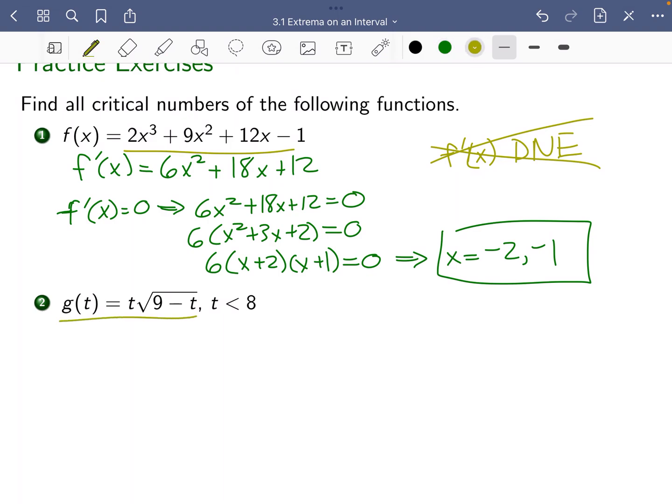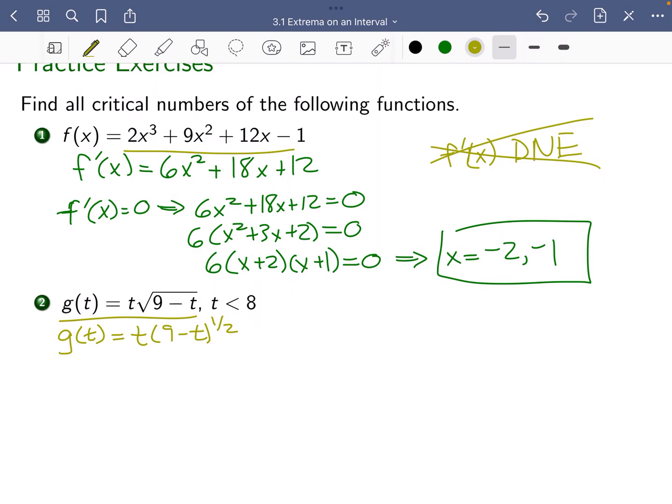All right, let's look at another example. Here we have g of t is equal to t times the square root of 9 minus t. We are only defining this function for values of t smaller than 8, so we don't need to worry about values of t larger than 8.